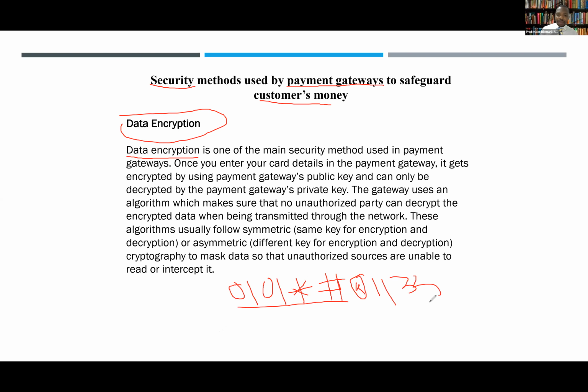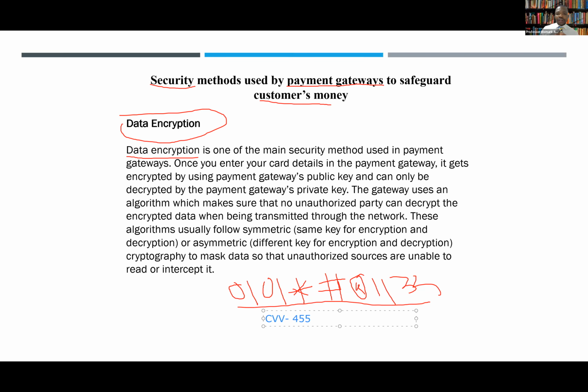This could be an example of a data encryption of, let's say, someone's CVV, a number that they put in to be 244, 455, it can appear like the above. That's an example of data being encrypted. It's being transmitted as this, but it really means 455.